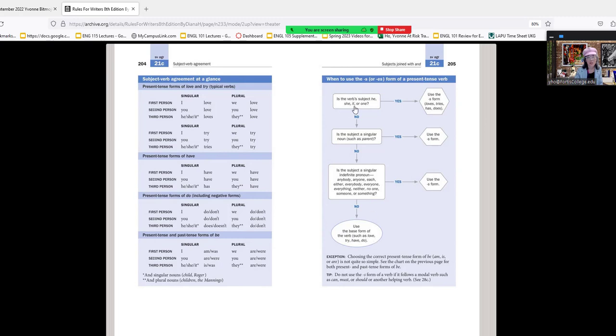In other words, if it goes all the way down this way, it looks like it's plural, and going this way looks like it's singular, okay? Use the S form when something is singular. Going in this direction, it looks singular. Going in that direction, it looks plural. Anyway, that's how you can use these flowcharts, but I don't even bother with flowcharts.